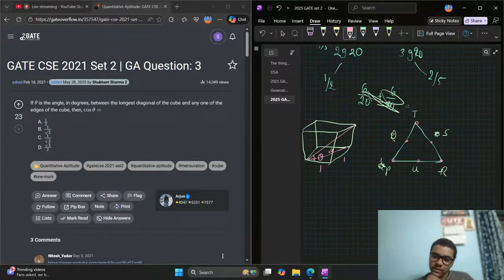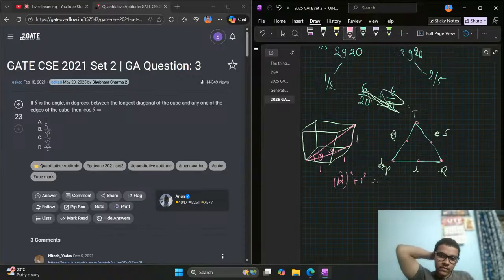And consider another triangle. This triangle you see, this and this. This length is 1 since there is 90 degrees. Root 2 whole square plus 1 square is equal to answer whole square.